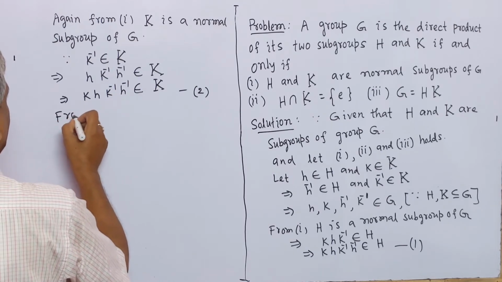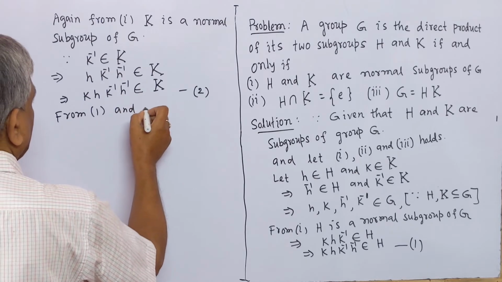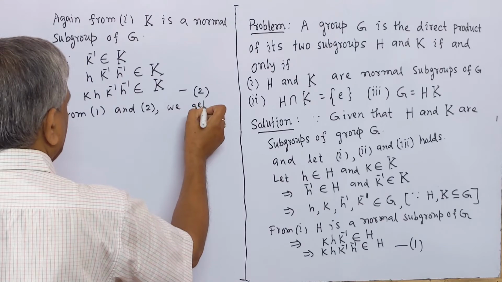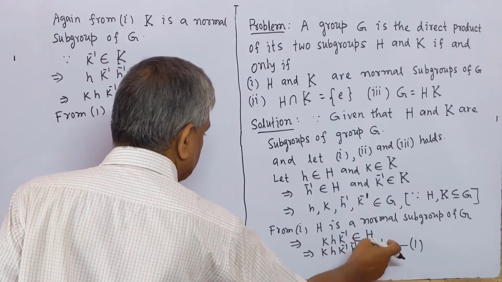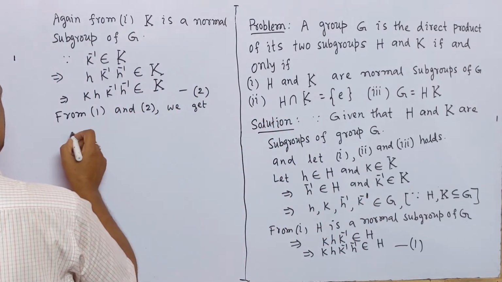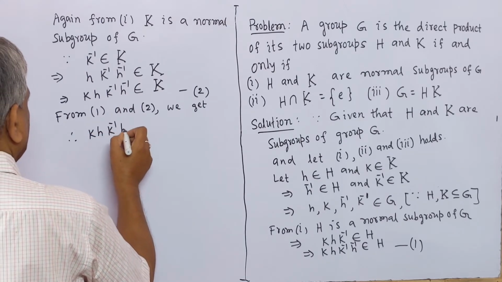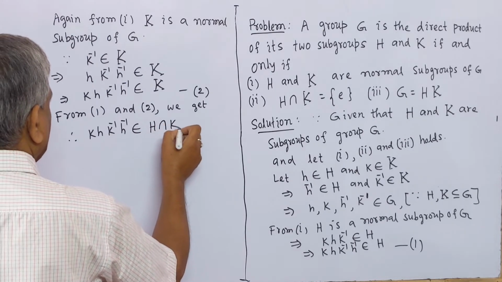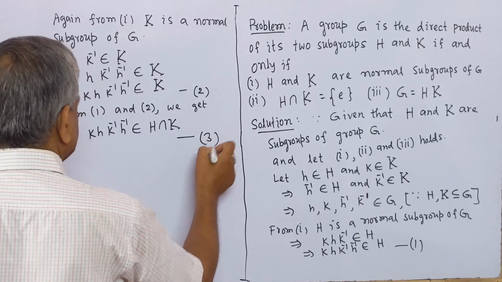From 1 and 2, we get that the same element belongs to H and K. Therefore, k h k inverse h inverse belongs to H intersect K. This is number 3.